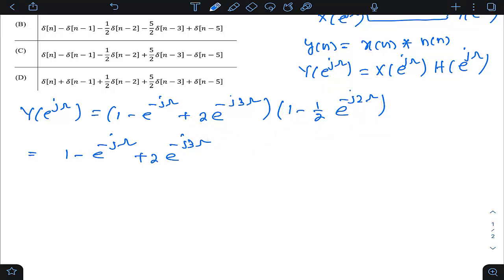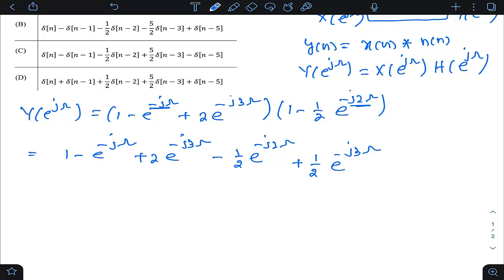So if I do that, you get minus half into e raised to power minus j2 omega, then minus into minus is plus half into e raised to power minus j2 omega, and this is e raised to power minus j omega. So it is e raised to power minus j3 omega.